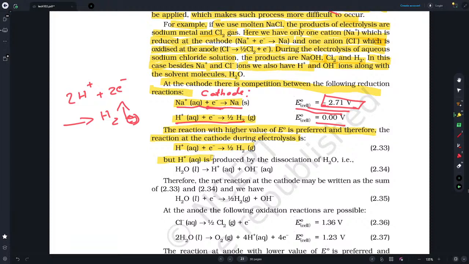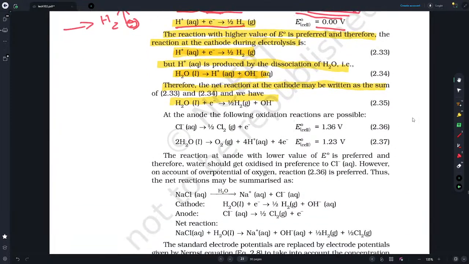But H+ aqueous is produced by the dissociation of H2O. H2O gives H+ and OH-. Therefore, the net reaction at cathode may be written as sum of this and this. H2O plus electron gives hydrogen gas along with hydroxide ion.